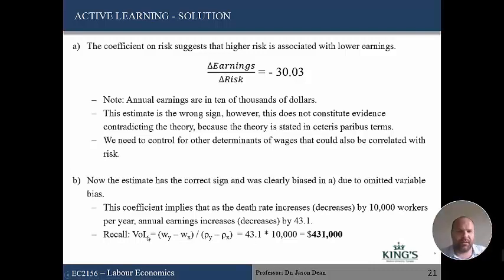So the value of a human life we can calculate by looking at the difference in wages with respect to the difference in the probability of risk, holding other things constant. Here we estimate that to be 43.1, but since earnings are in tens of thousands of dollars, we multiply that by 10,000, and we get that the value of a human life would be worth $431,000 according to these estimates.